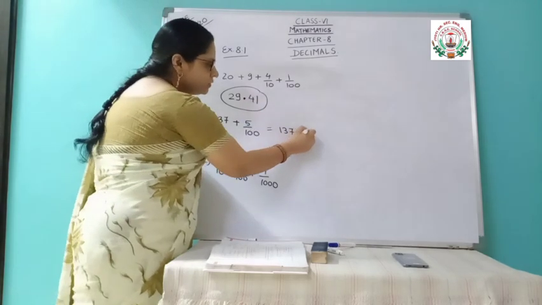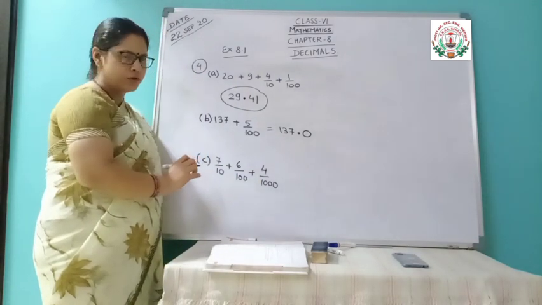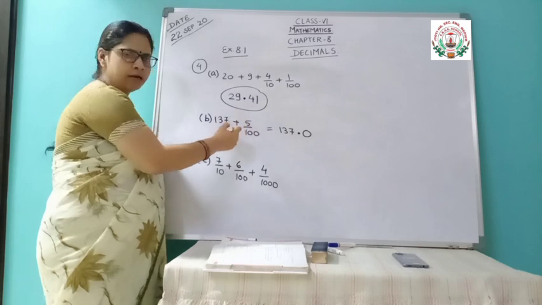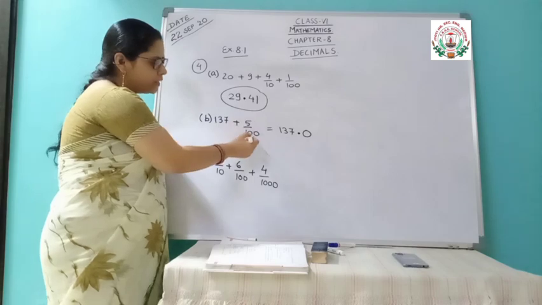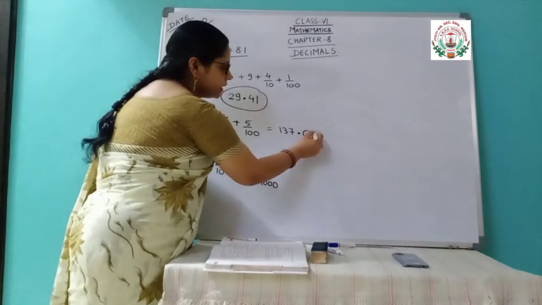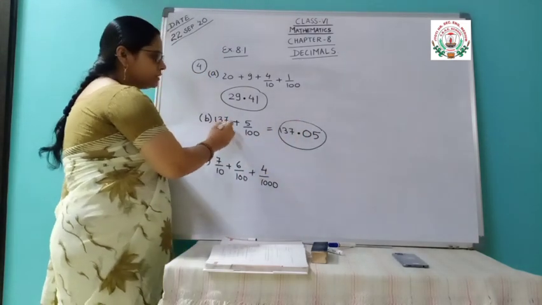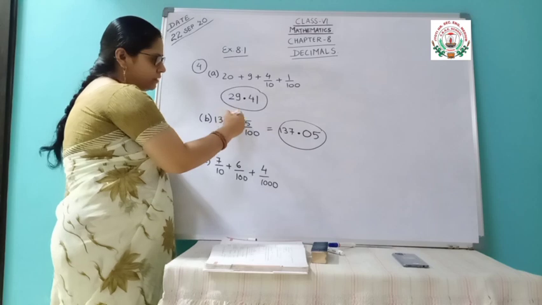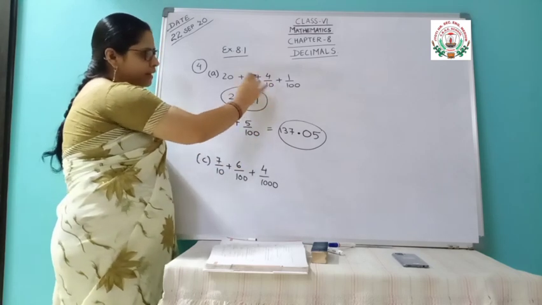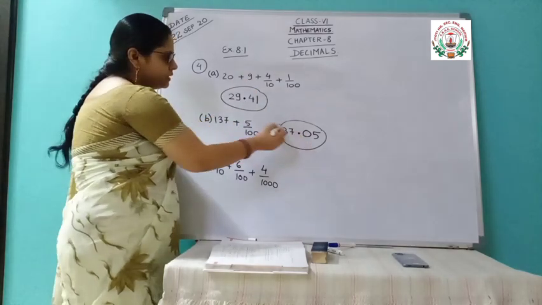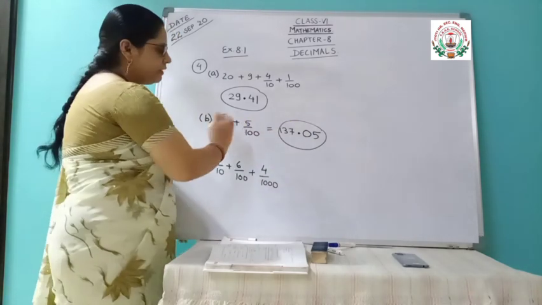So we will put one 0 for that. The digit which is not given, we are putting one 0 for that. Any 1 by 10 is not given, so for that not given part, we are putting one 0. And then the by 100 part is given as 5, so that is the second digit. We are writing here 5. So this is the answer for this number: 137 directly given, and after it the decimal part. The first digit is divided by 10, that is not given here, so 0 for that. And the second digit is by 100, so we are writing 5 for that, because 5 is given.